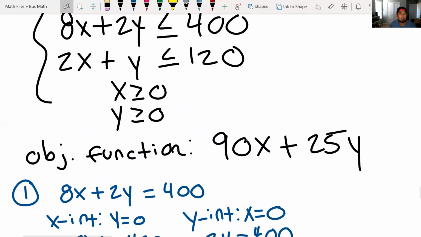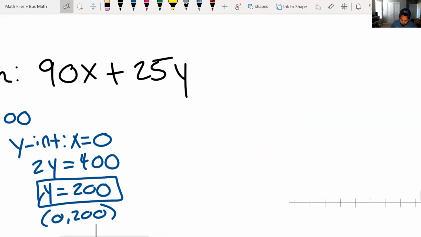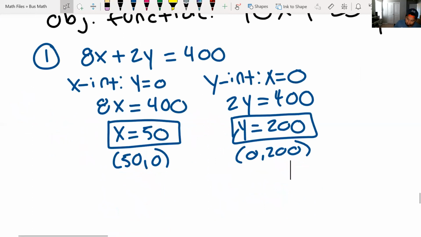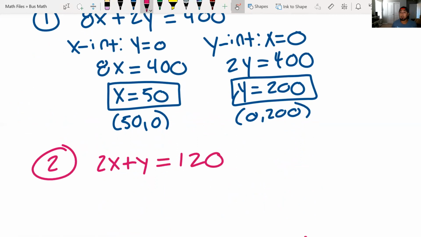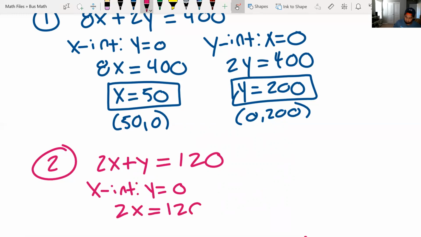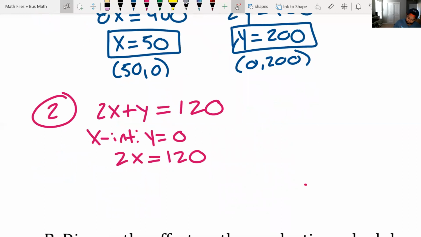All right. Next one is 2x plus y equal to 120. And again, x-intercept, y-intercept. 2x equals 120, x equals 60.